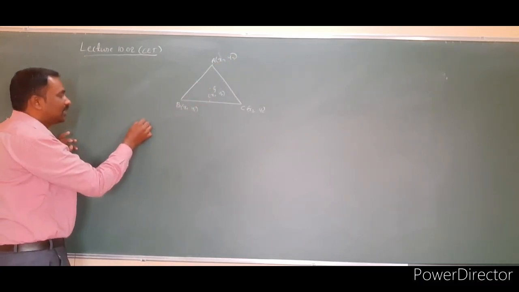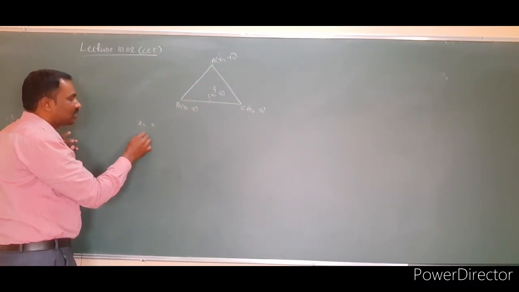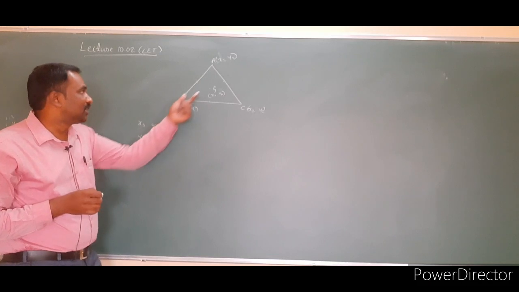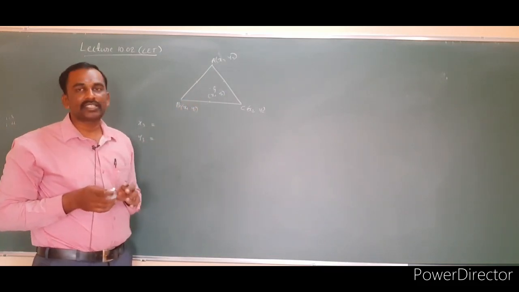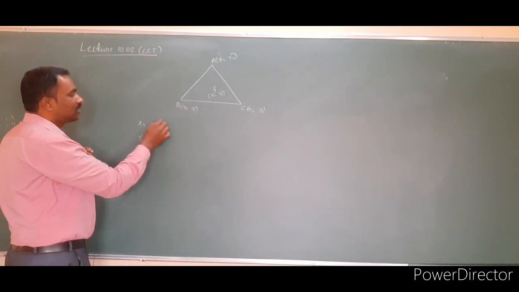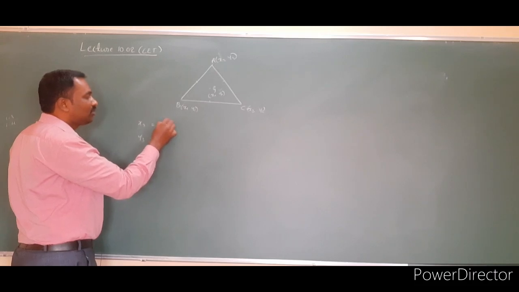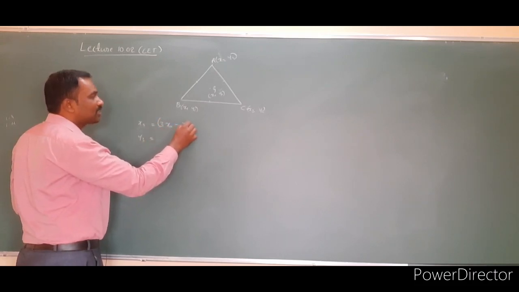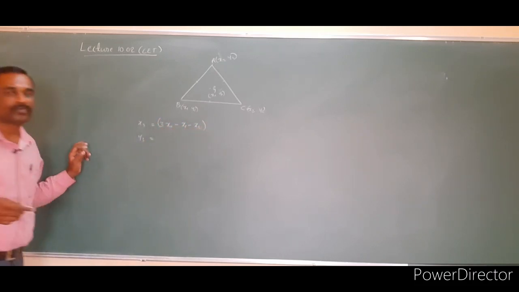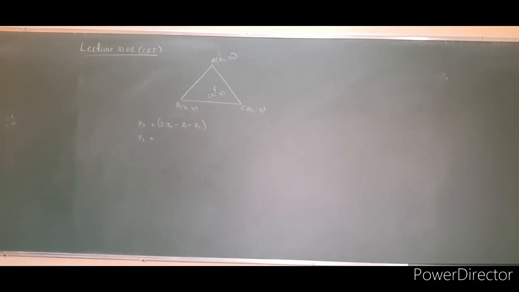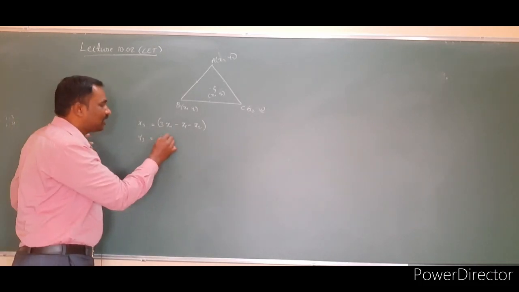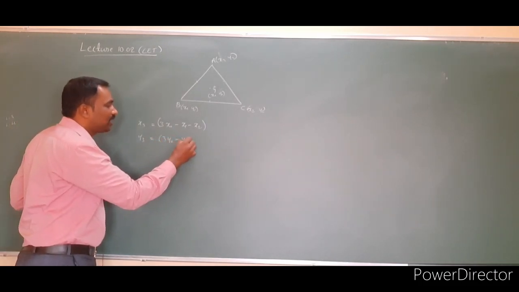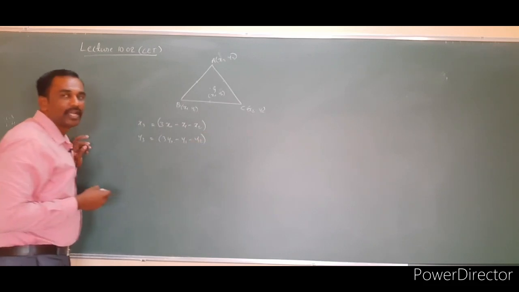Now x3 is, since the centroid and two vertices are given, 3 times x0 minus x1 minus x2. Similarly, the y coordinate is 3 times y0 minus y1 minus y2.